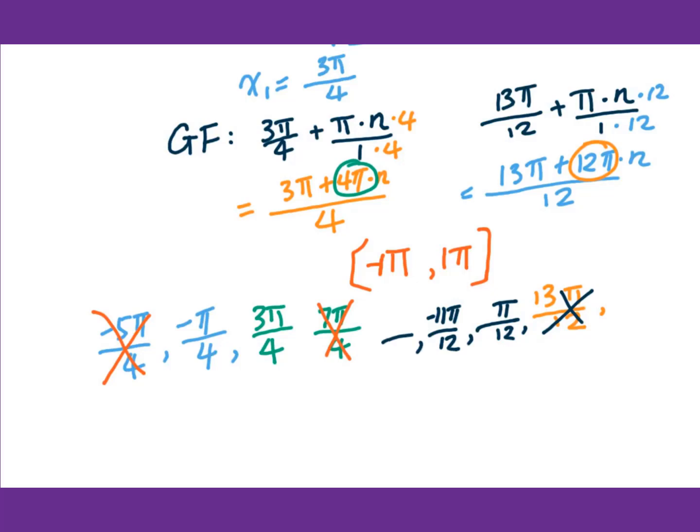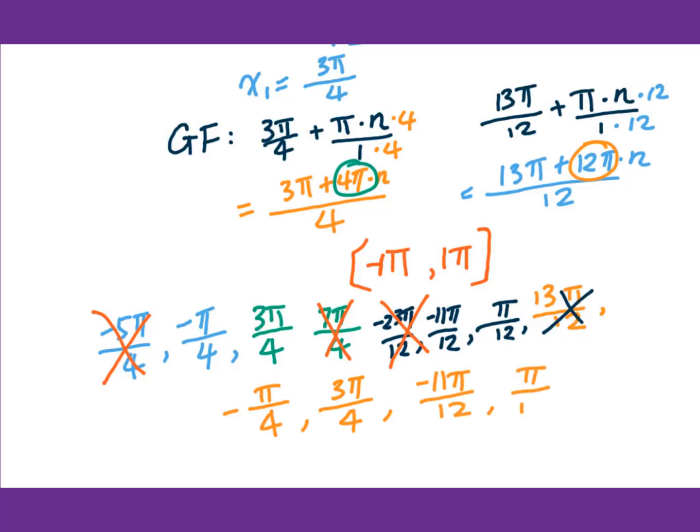Minus 12 pi, that's negative 23 pi over 12. It's out of range. Therefore, only 4 solutions for this domain: negative pi over 4, 3 pi over 4, negative 11 pi over 12, and pi over 12.